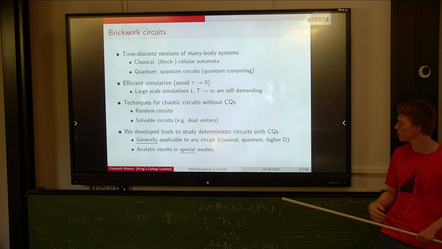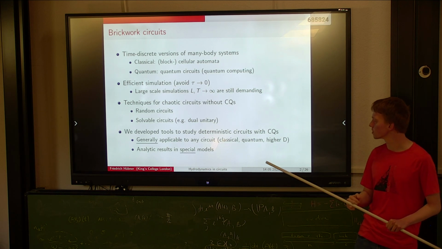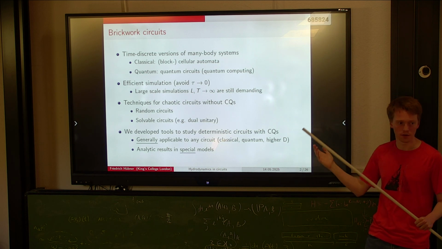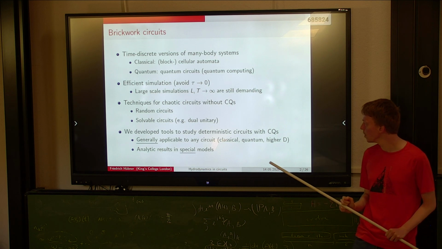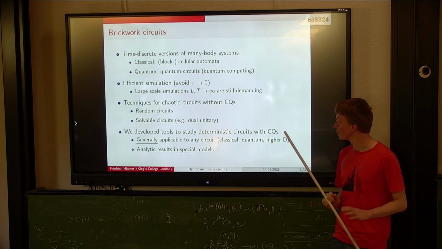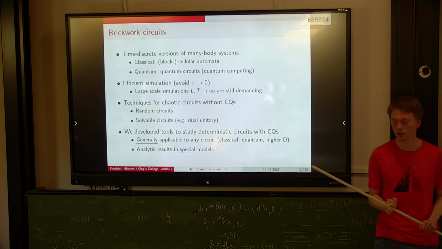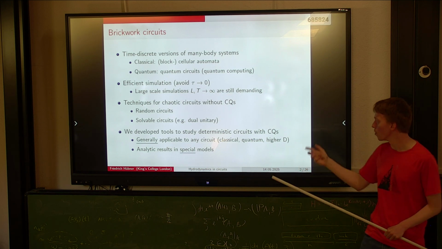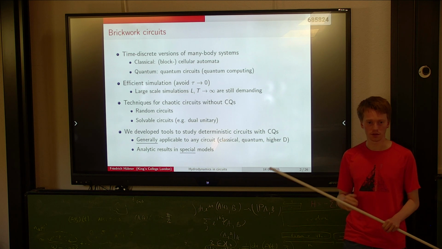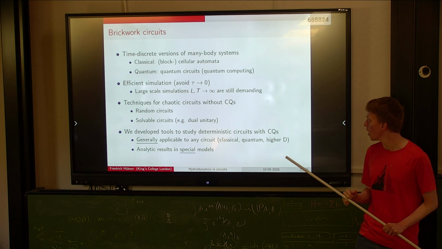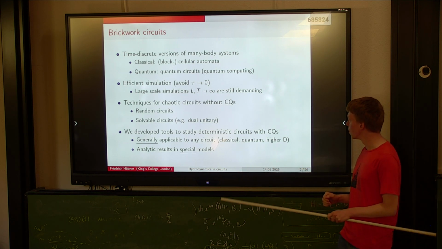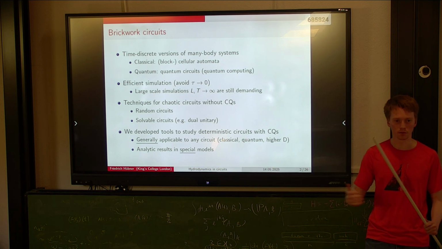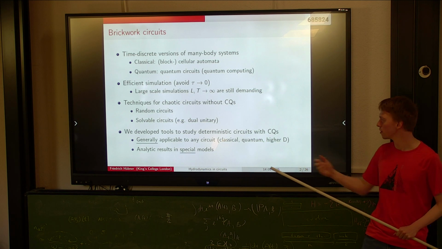Still, of course, if you want to do a large-scale simulation, large space, large time, that's very demanding. There exist some techniques for chaotic circuits that don't have any conserved quantities, for instance random circuits where you average over the randomness, or some solvable circuits, for instance these dual unitary ones. But for circuits with conserved quantities, techniques are missing.